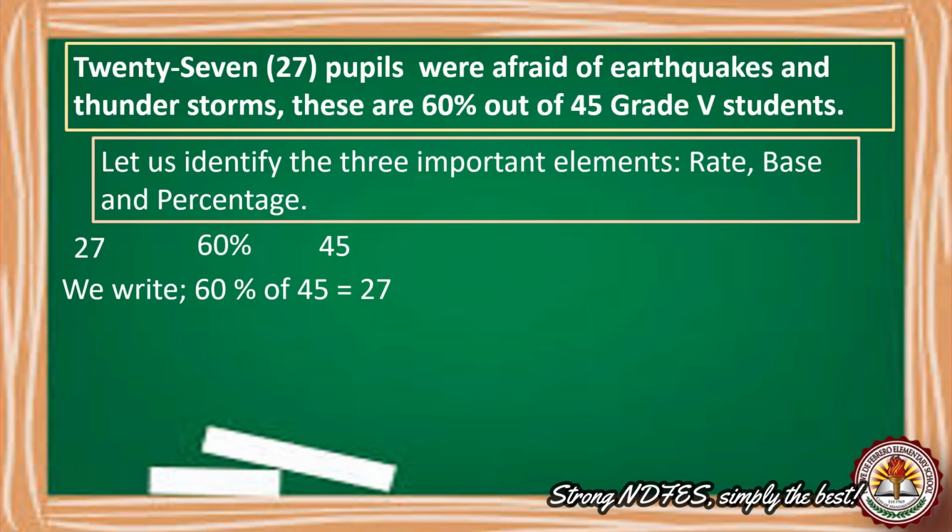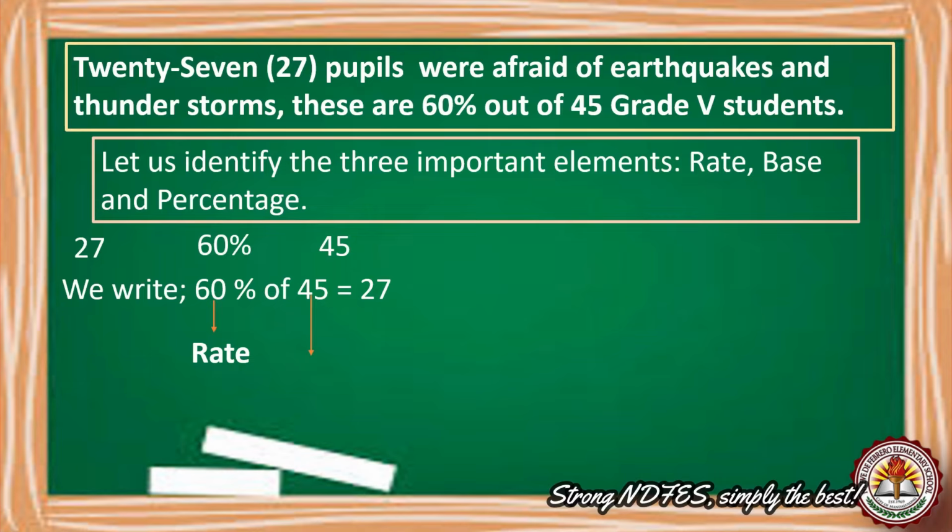Let us start with 60%. Look at this number. It has a percent sign. And based on our definition, an element that has a percent sign is the rate. Next, 45. 45 is the total or whole number of the students.